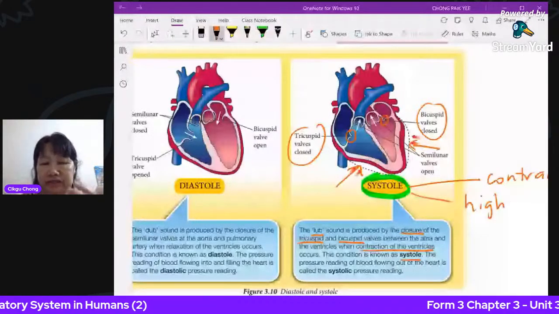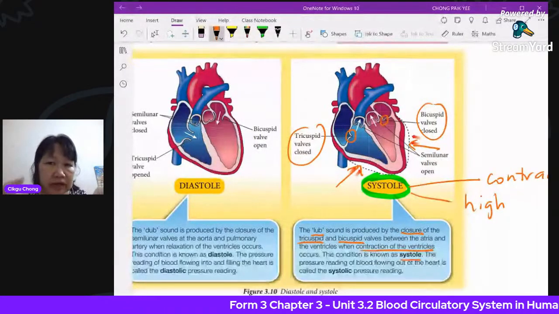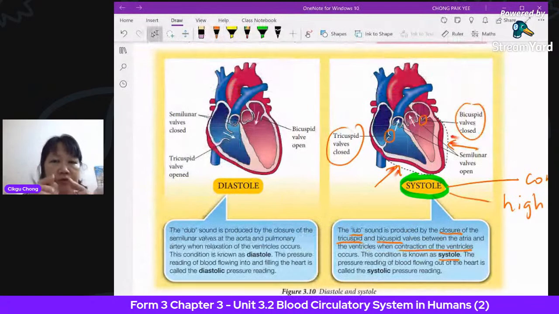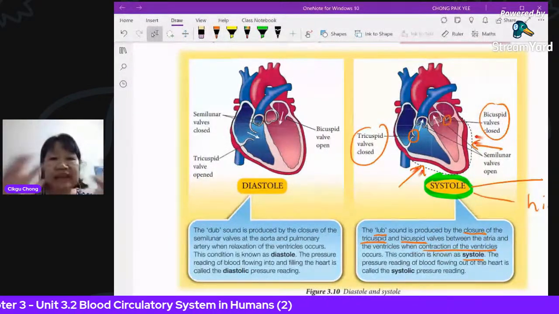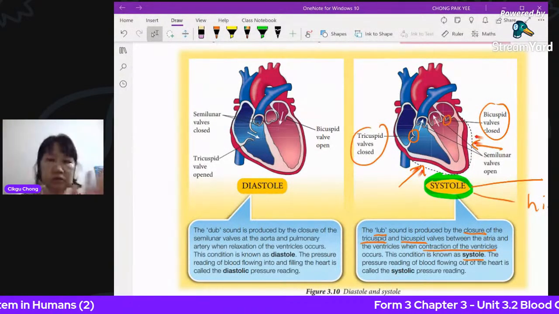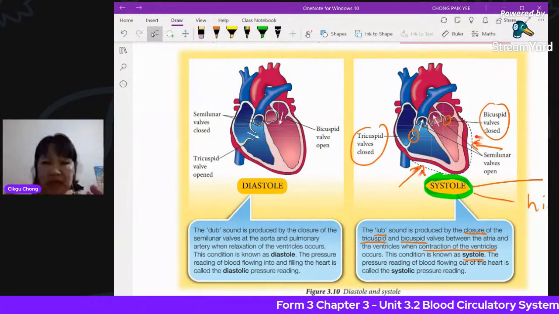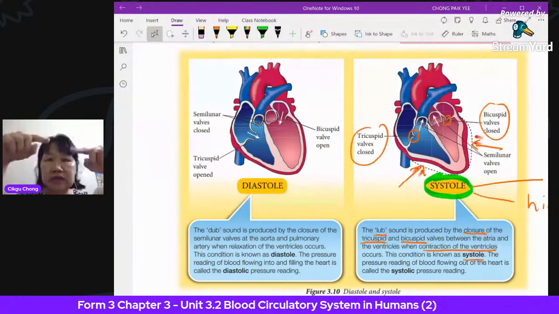So you hear the first sound already, loop. When it presses, loop already. Then the blood will flow up already, right? But then it will reset again. After the ventricle contracts, it must relax. When it relaxes, the atrium will start to squeeze.